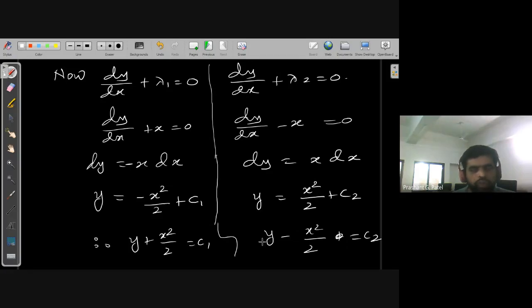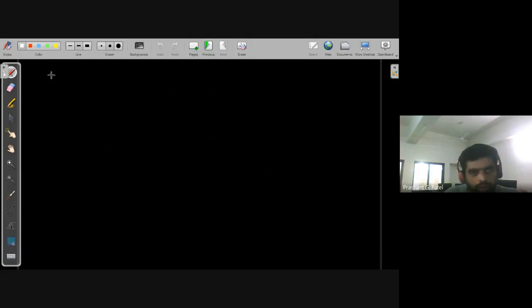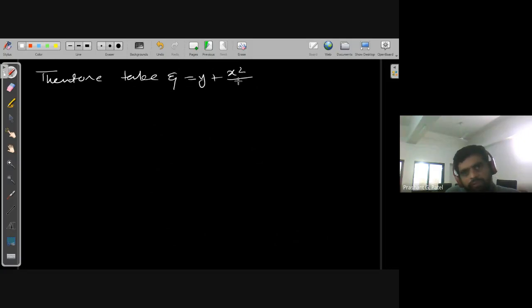One of the functions you can take as xi, another one you can take as eta. From that we can convert our partial differential equation. So therefore take xi is equal to y plus x square by 2 and eta is equal to y minus x square by 2.